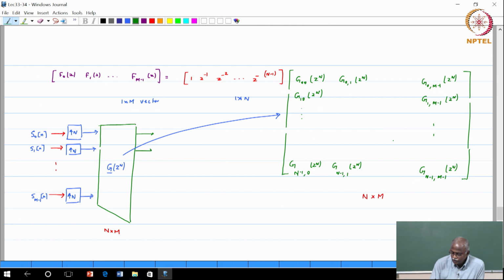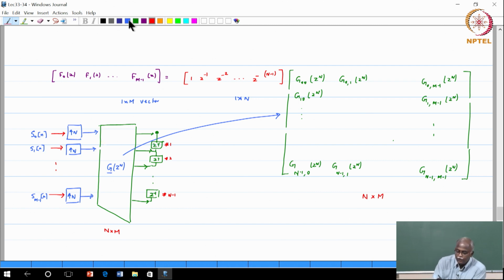These outputs are combined through a delay chain. So, basically this is a summing node. I have a delay chain here, another delay chain, another delay element, and so on until we have the last delay element. So, let me number the delay elements. This is delay element number 1, this is delay element number 2, this is delay element number n minus 1. Remember, there are n branches coming out.